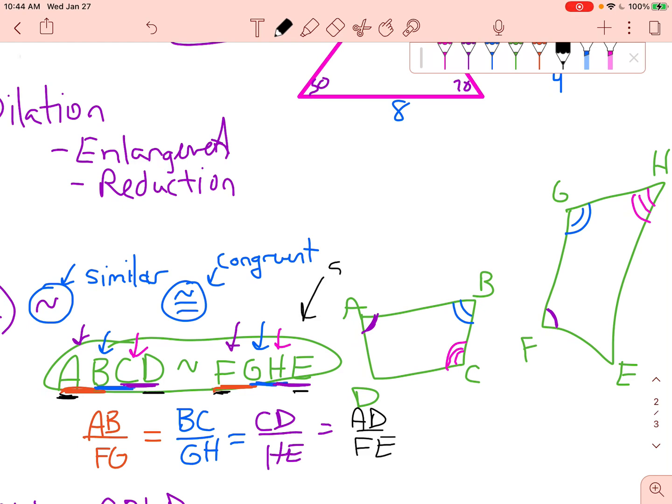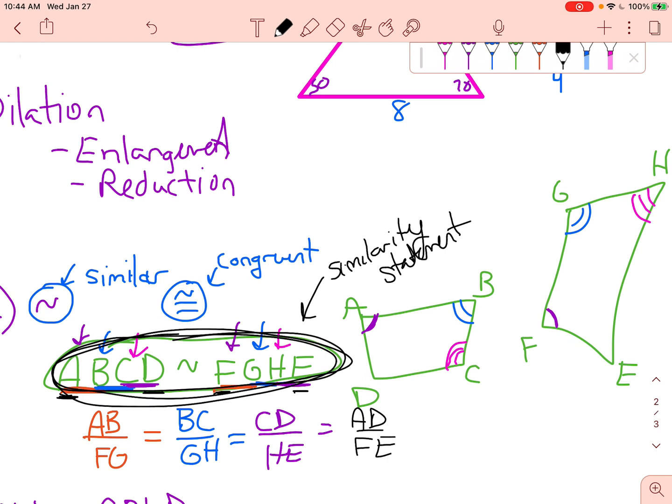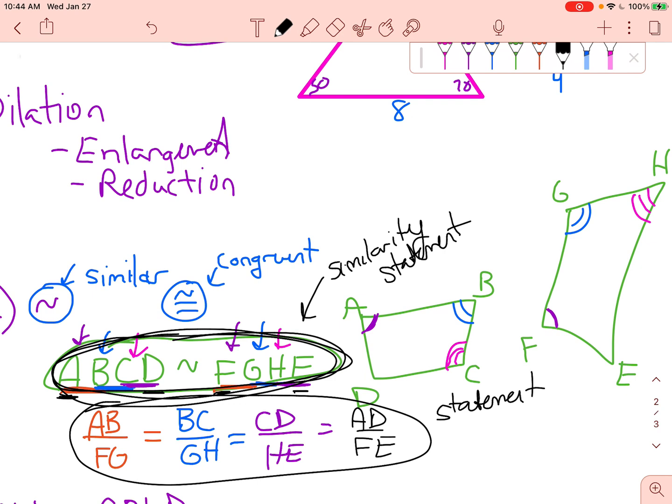A couple things. This right here is called my similarity statement. I left my Apple Pencil at school, guys. Sorry, it's loud. This is the key. This tells you which pieces go with each other. This is called a statement of proportionality. It tells you the proportions of each of the sides.